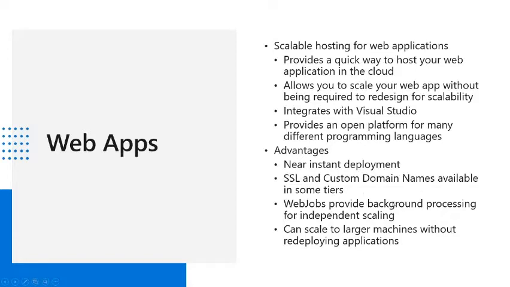When you say WebJobs provide background processing for independent scaling, you use WebJobs separately. You could do it here as well, but you do it separately to avoid some unwanted scaling, because if your background processing is taking too long, your web app will be scaling according to that.